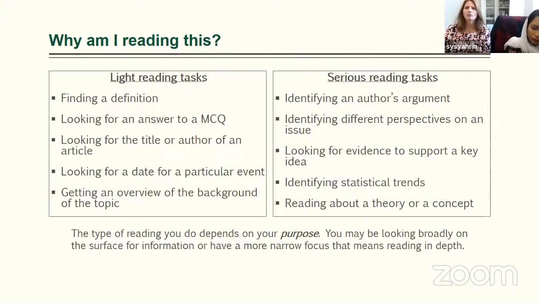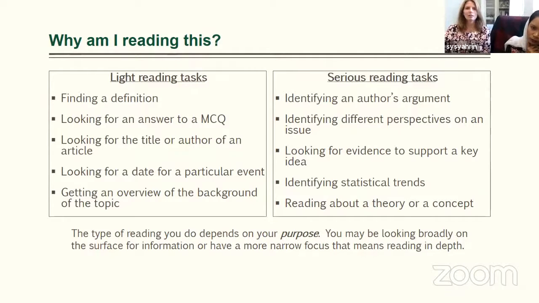Serious reading tasks require more in-depth reading. We need to identify authors' arguments, look at different perspectives on an issue, and look for evidence to support key ideas. Statistical trends require graph details and analysis. We also need to think about how a theory or a concept is put into play in our academic text. Again, it will depend on your purpose.